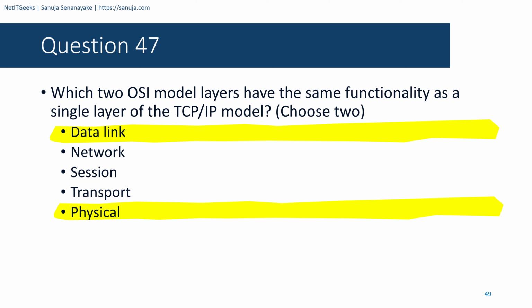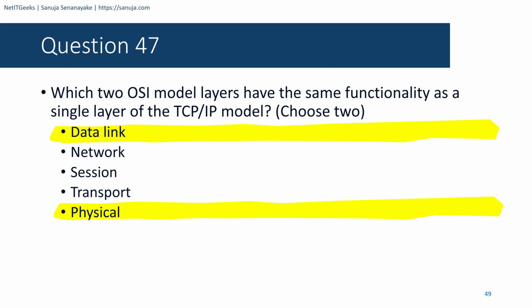That would be the network access layer. So the TCP/IP model has a network access layer that encompasses the data link layer and the physical layer of the OSI model. The OSI transport layer is functionally equivalent to the TCP/IP transport layer, and the OSI network layer is equivalent to the TCP/IP internet layer.